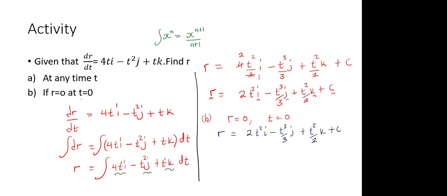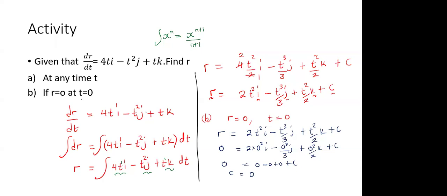So we substitute where there is r, put 0, where there is t, put 0. So I have 0 is equal to 2 times 0 squared i minus 0 cubed out of 3 j plus 0 squared out of 2 k plus c. So you notice that here I'll have 0, 0 minus 0 plus 0 plus c. And at the end, you'll notice that c is equal to 0.